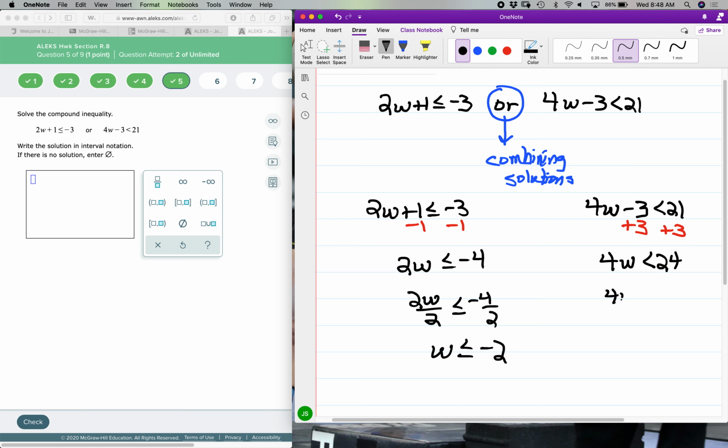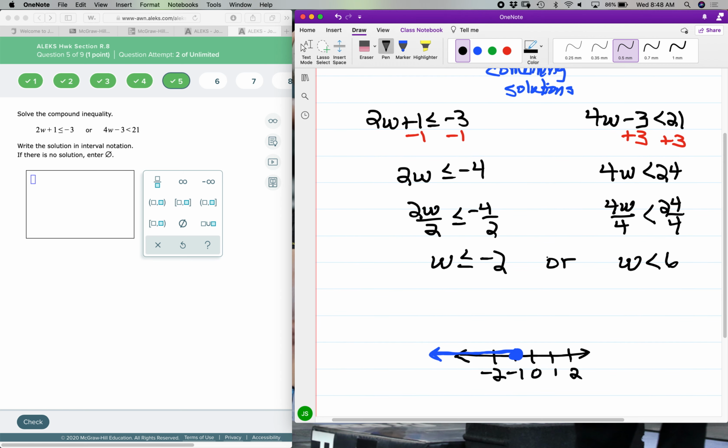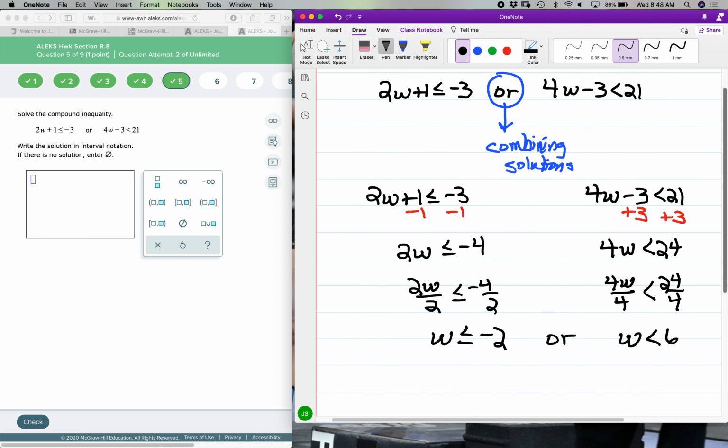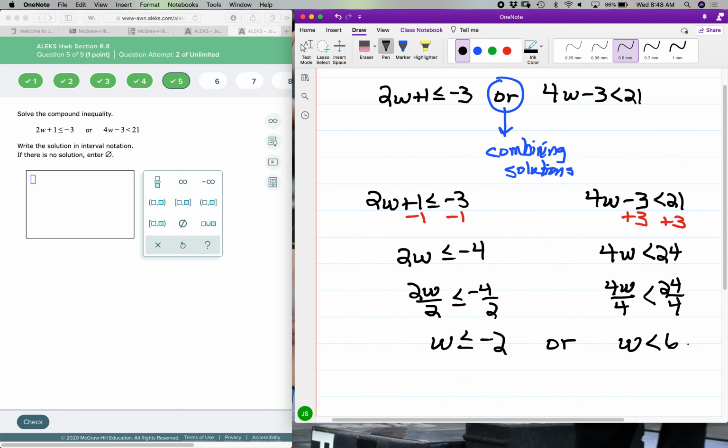With division by 4, we have that w is less than 6. So you have that w is less than or equal to negative 2, or w is less than 6.